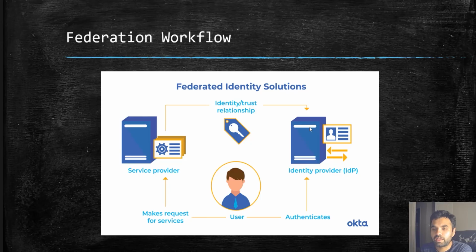And that's what provides the identity. That's what tells you, okay, this user is John, this is Tom, or whatever the user is. So there is a trust relation between service provider and identity provider. And as we saw in the previous video, they use digital certificates and some other techniques to build that identity, to build that trust. So there is already a connection between service provider and identity provider.